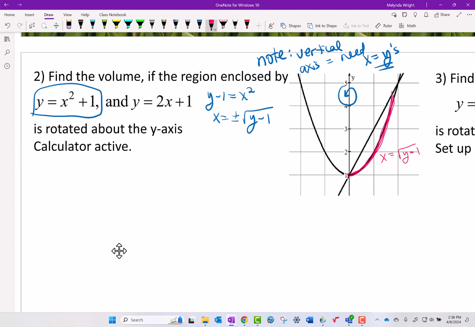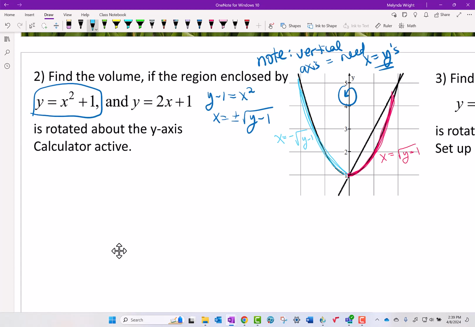Okay? When x is negative, we would be on this other side. This would be when x is negative, and we don't even need that one. That's when x would be negative square root of y minus 1. Okay, so we don't need that one. Is everybody okay? We don't need it. All right, so we've got that figured out.